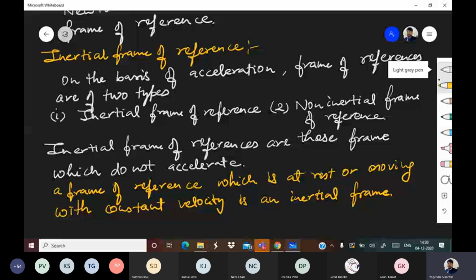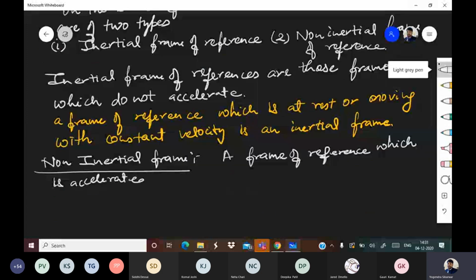A frame of reference which is accelerated is called a non-inertial frame.